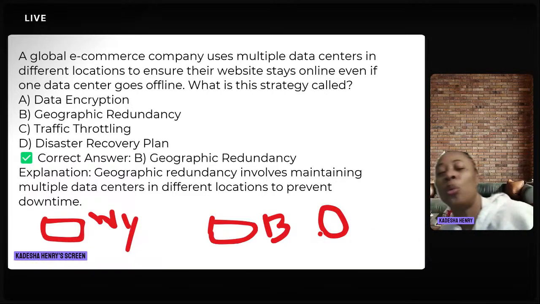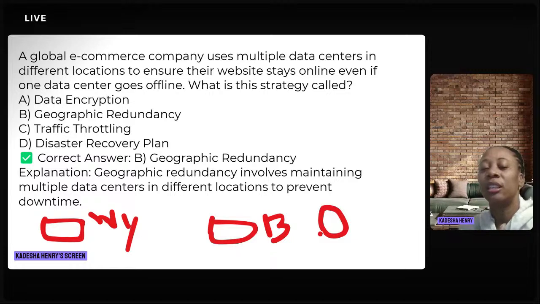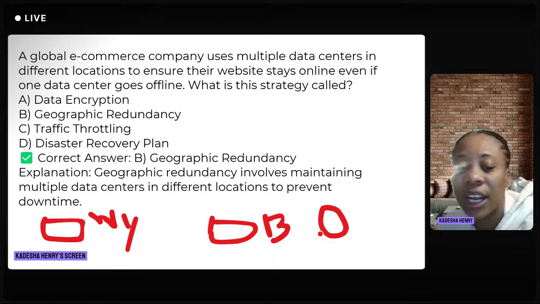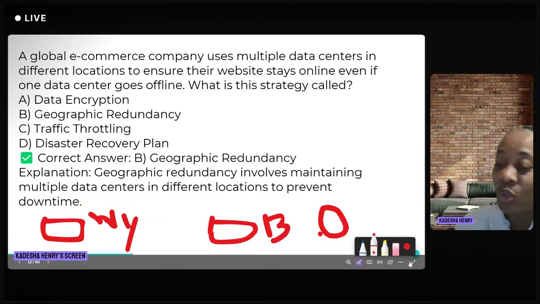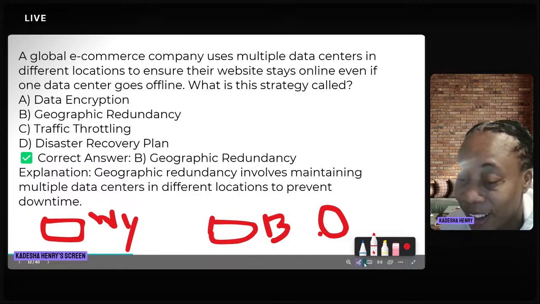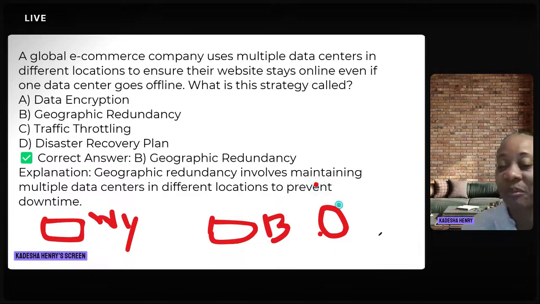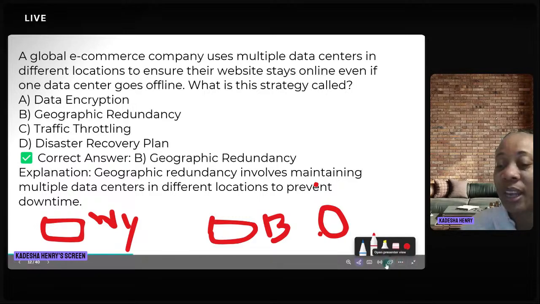So we try to put data centers in different geographical locations, right? Otherwise, if one area is down and everything is in one place, the entire system is down. I wish I could draw better than that, but I can't. Okay? So that's what that means.